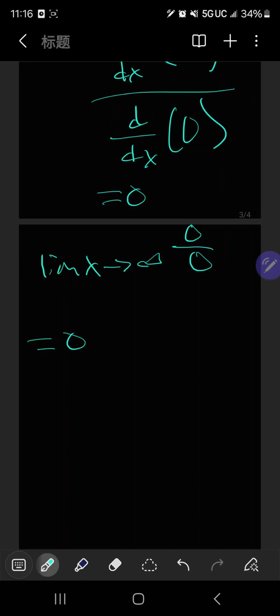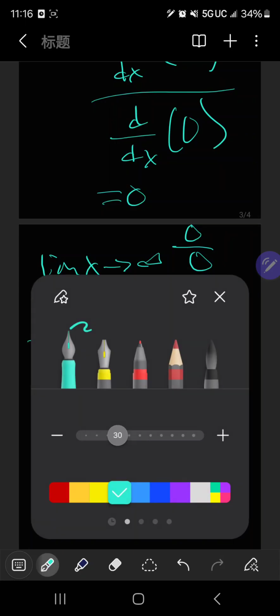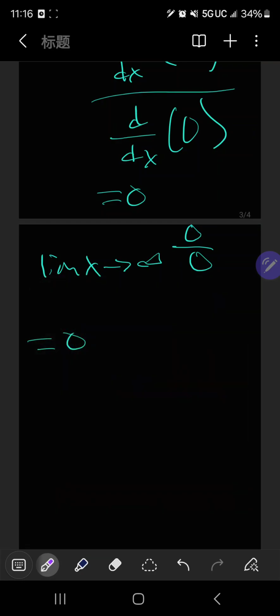Okay, now let's do problem 3. I'm going to go back to purple. We have the limit as x approaches infinity of 4 to the power of x minus x squared.